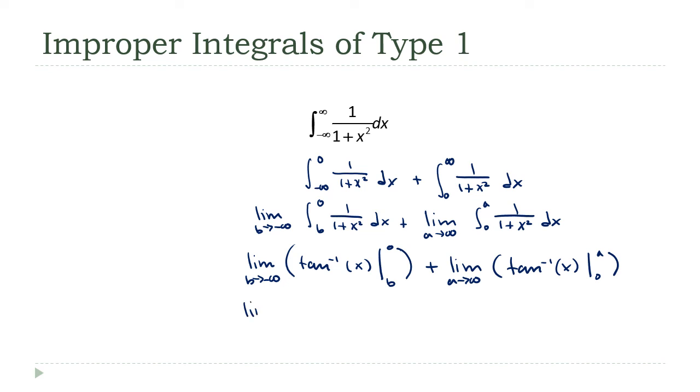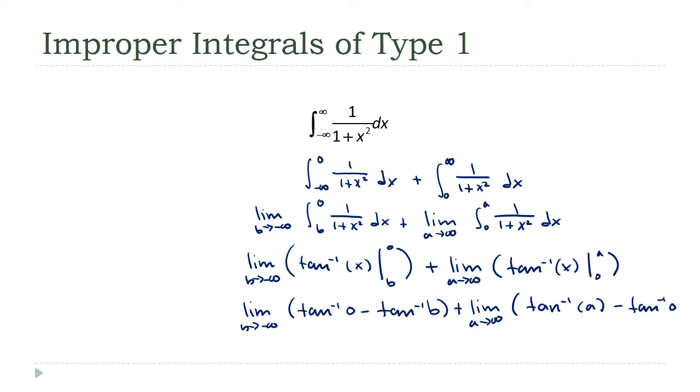This is the limit as b approaches negative infinity of the inverse tangent of 0 minus the inverse tangent of b, plus the limit as a goes to infinity of the inverse tangent of a minus the inverse tangent of 0. I'm sure you all caught that I had to fix the sign there.